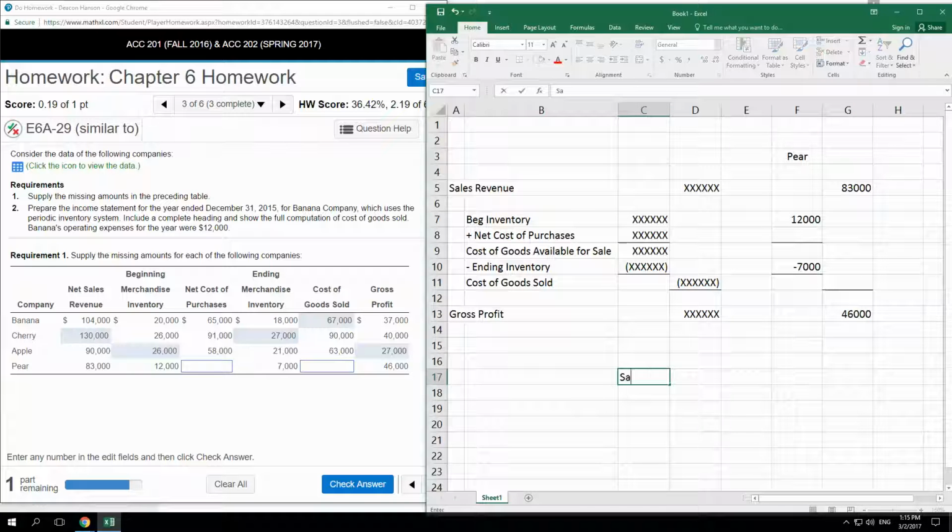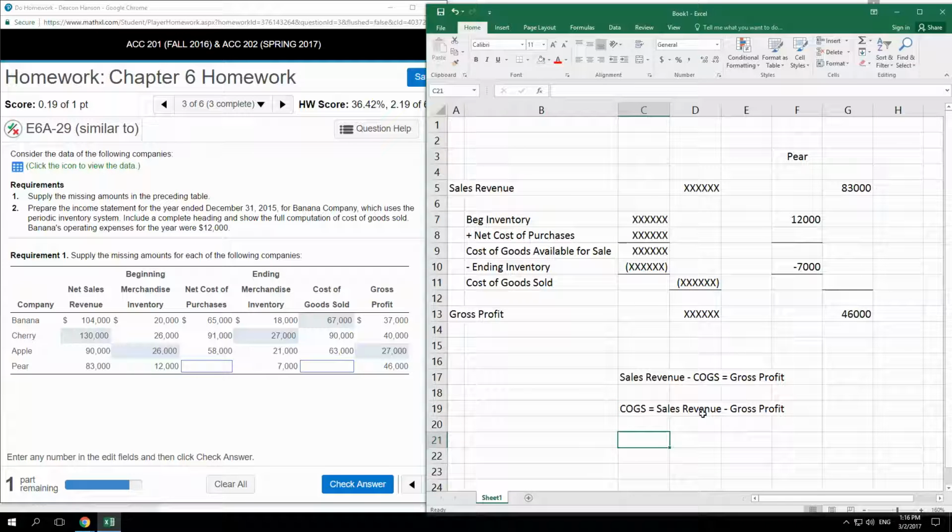So if we say sales revenue minus cost of goods sold equals gross profit, right? Then if we did it algebraically, cost of goods sold would equal sales revenue minus gross profit, right?